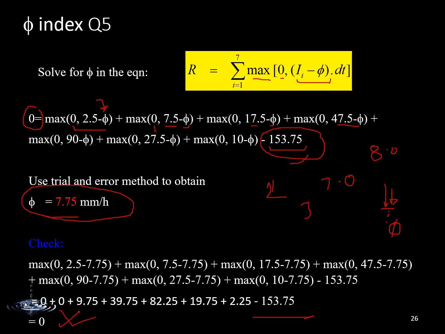So what does that basically mean? If the intensity of rainfall is more than 7.75, there will be runoff. The runoff amount is that intensity of rainfall minus 7.75. If the rainfall intensity is less than 7.75, then all the rainfall will infiltrate inside the ground, and there will be no runoff for that hour, or for that time period.